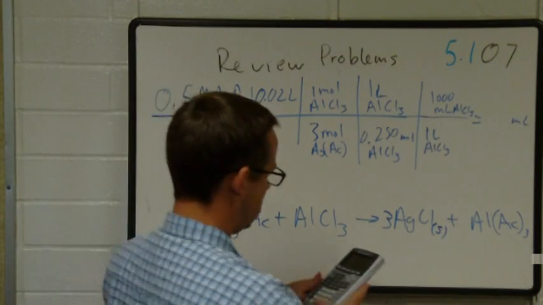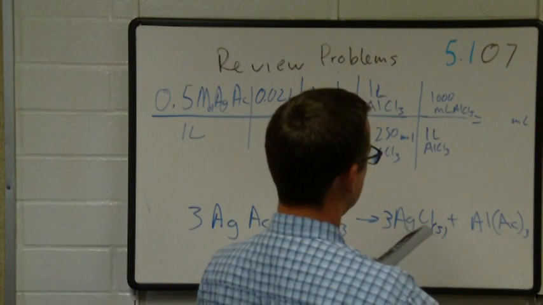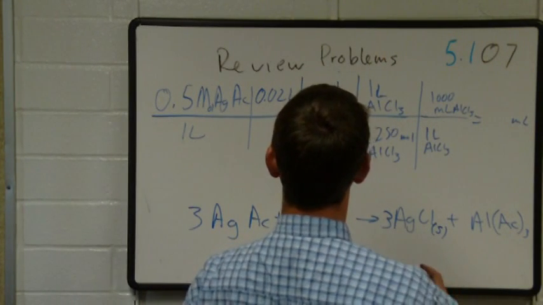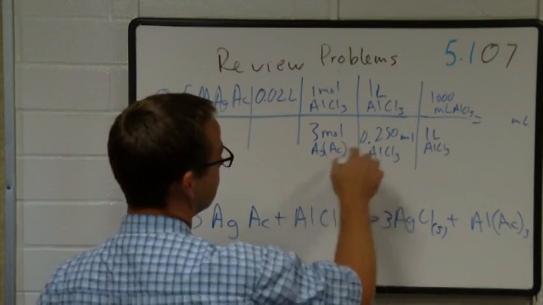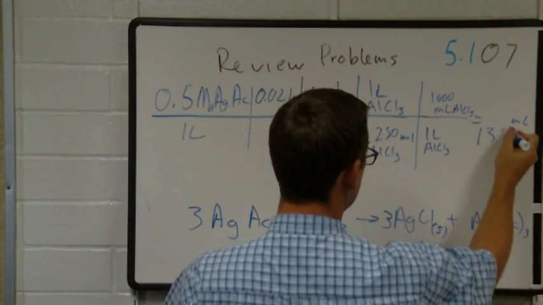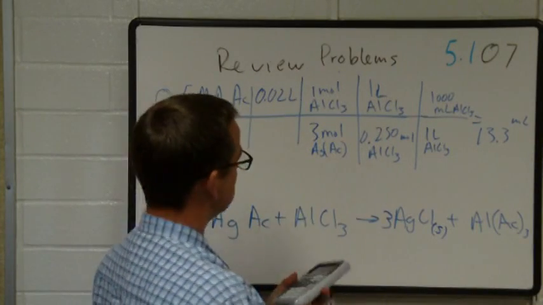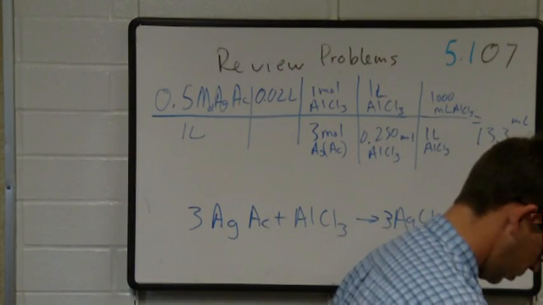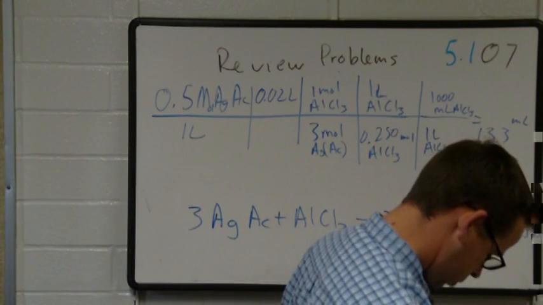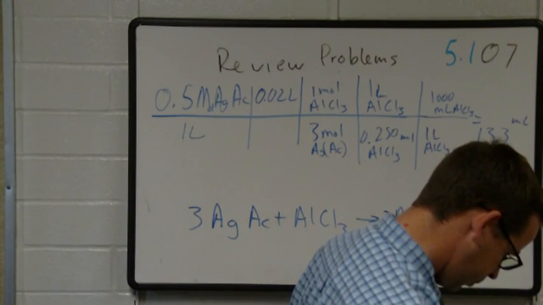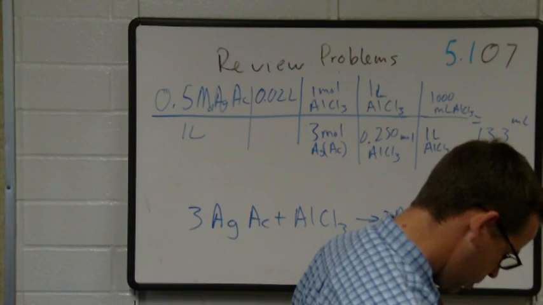And it looks like we're going to need 13.3 milliliters of aluminum chloride solution. And this is 5107. 13.3 milliliters.